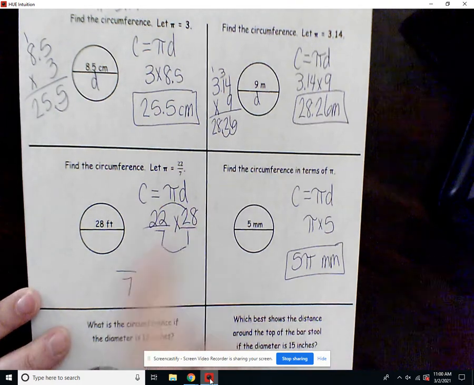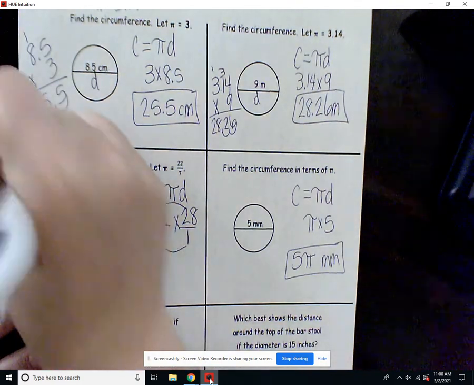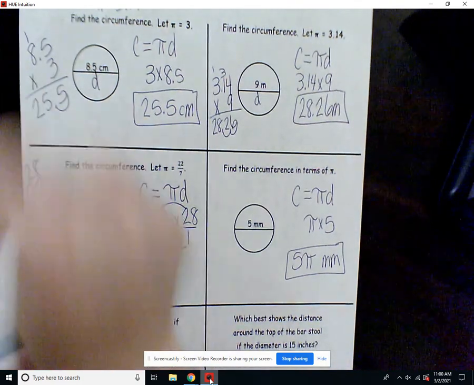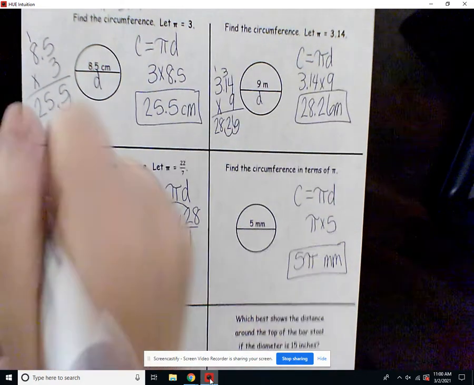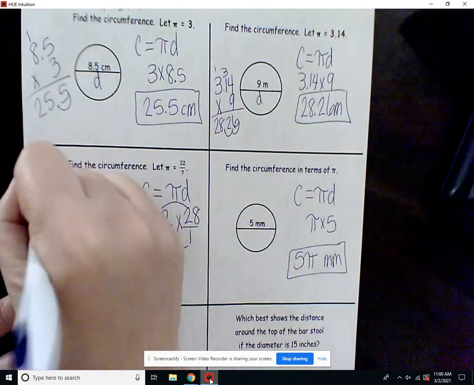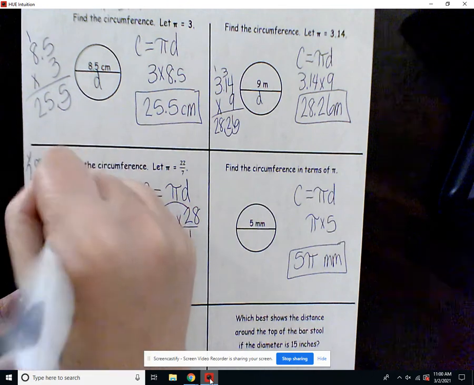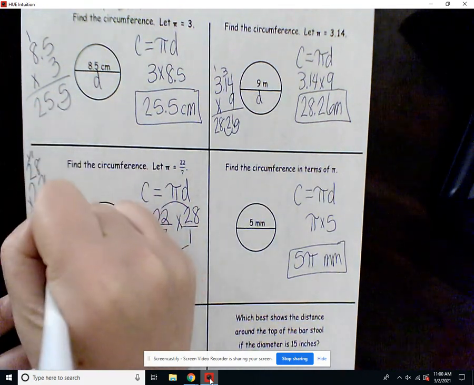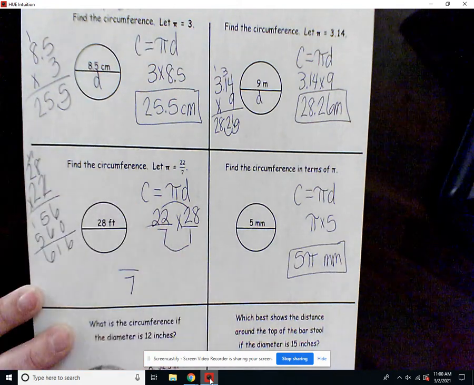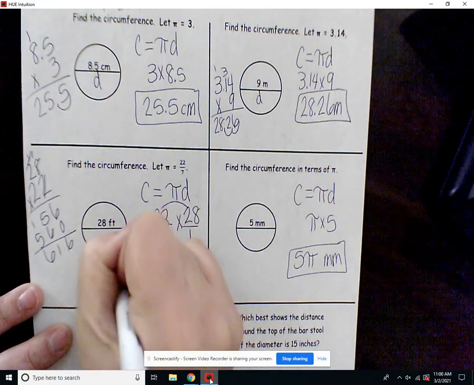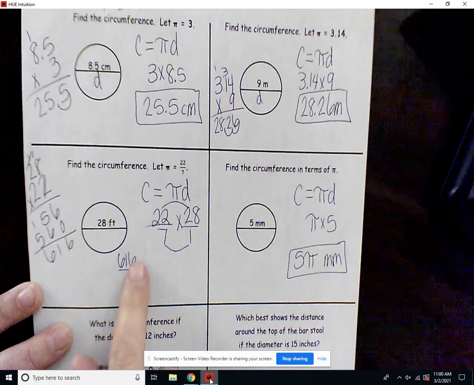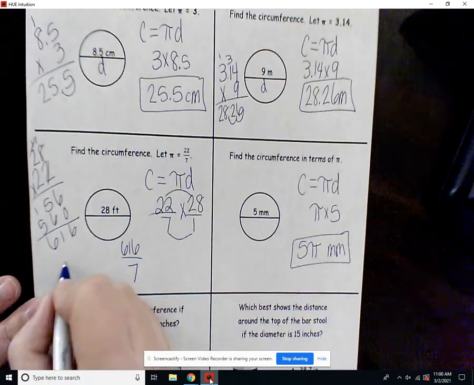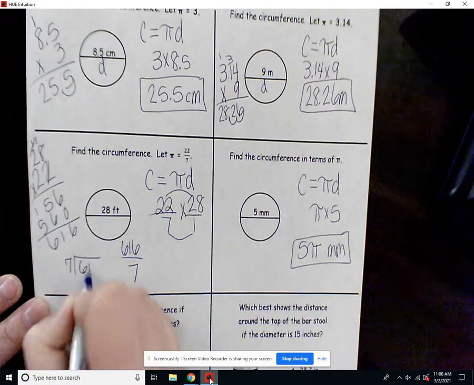We are going to have to multiply 22 and 28 first, which is 616. We can't have it improper, so we're going to make it into a mixed number by dividing.